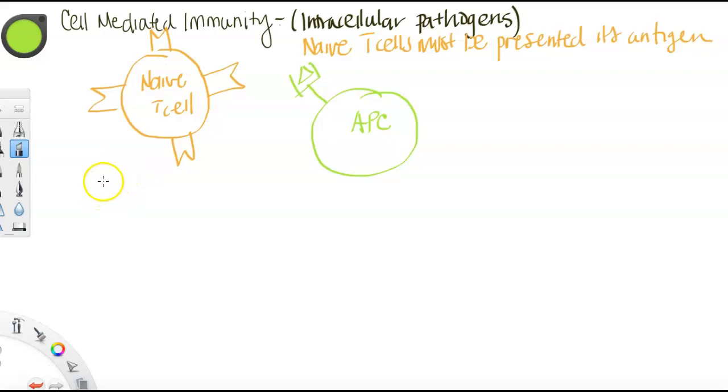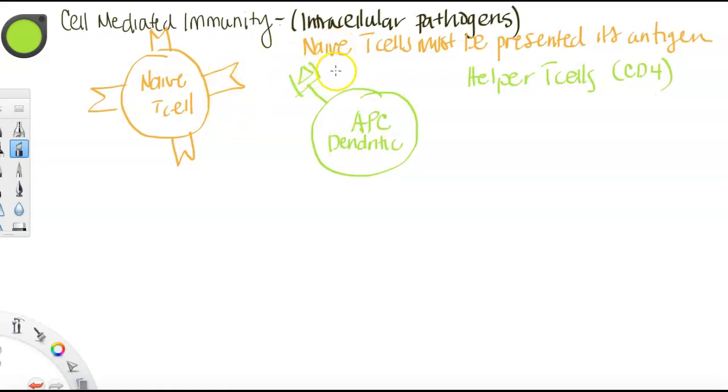So helper T cells are shown their antigen through an antigen presenting cell, usually a dendritic cell. And they present to a naive T cell that is a CD4 cell.